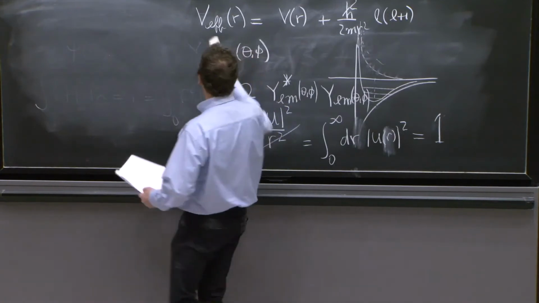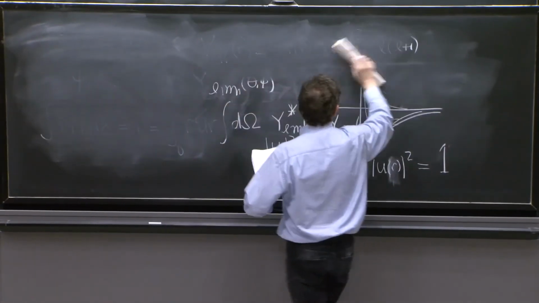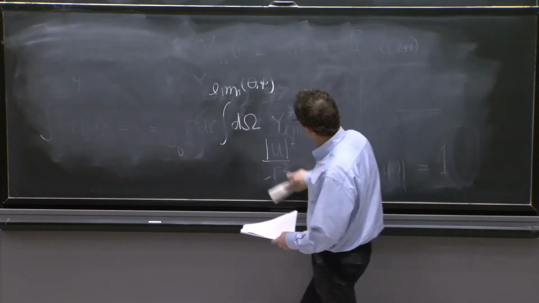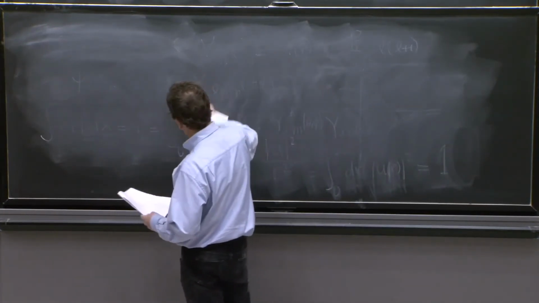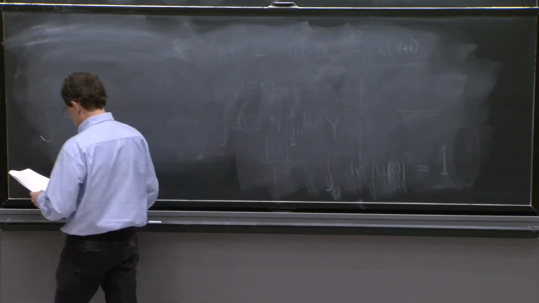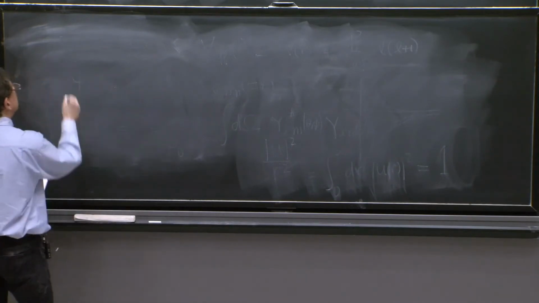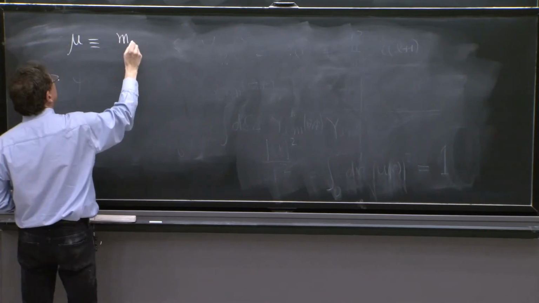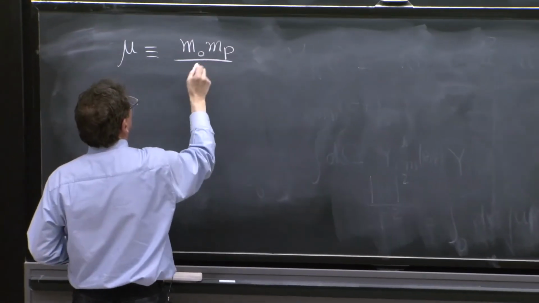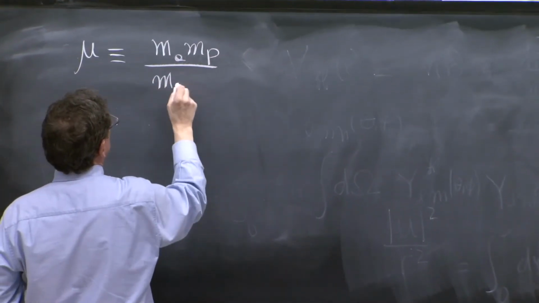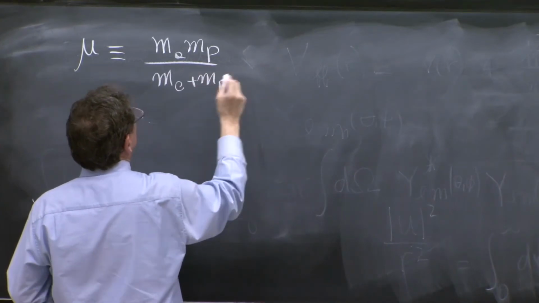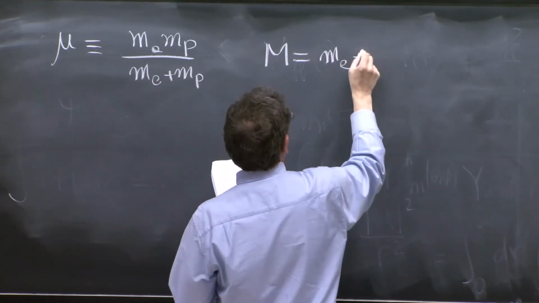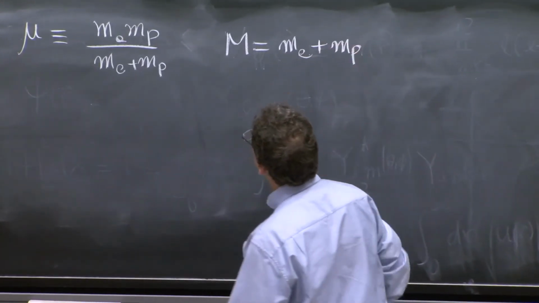And we have a pair of canonical variables as well here, therefore, the relative coordinate and the relative momentum in some sense. It's useful to define two symbols, the reduced mass, m_e m_p over m_e plus m_p, and the total mass, which is m_e plus m_p.